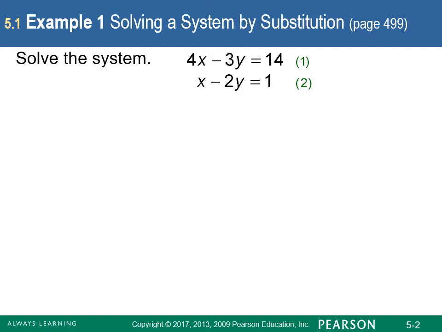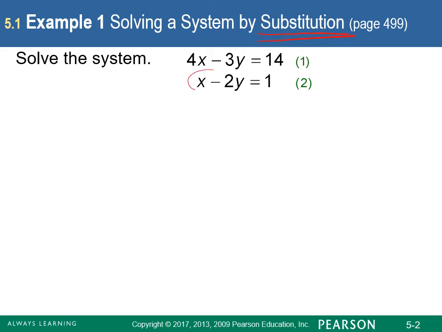There is a separate video that has a very detailed guide for these techniques. But here in the beginning, we're going to take a look at the technique called substitution. And here's how that goes. We want to pick one of these two equations and solve for either of the two variables.